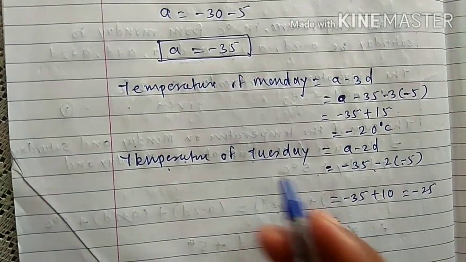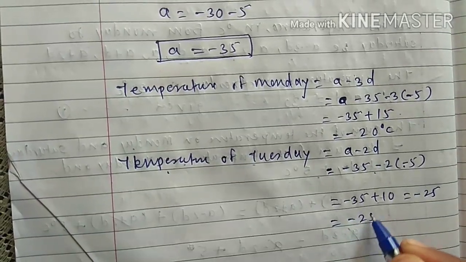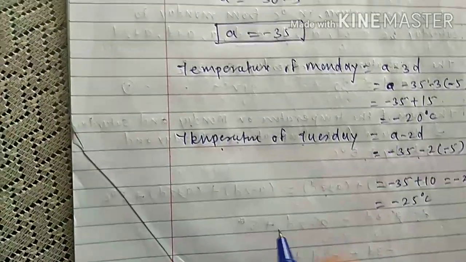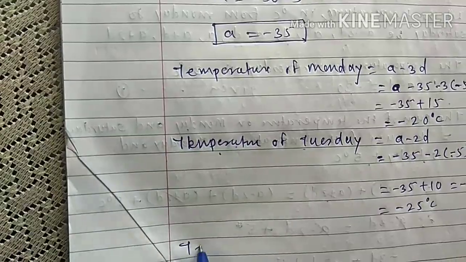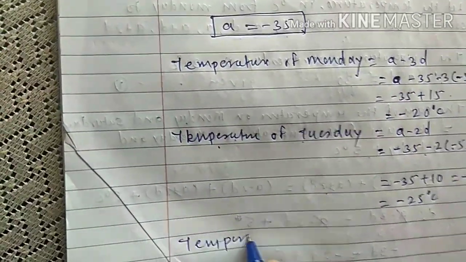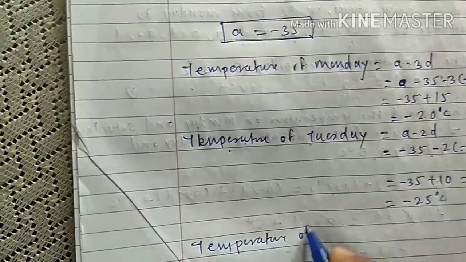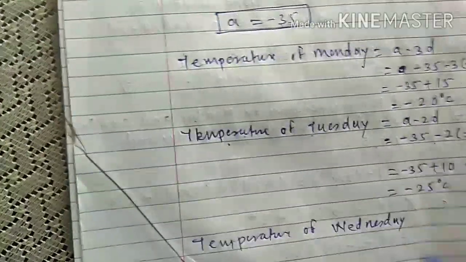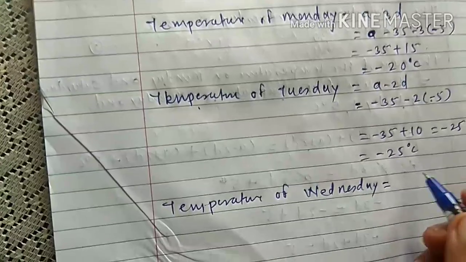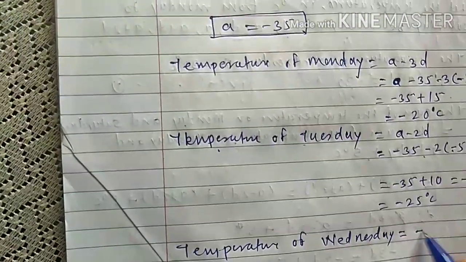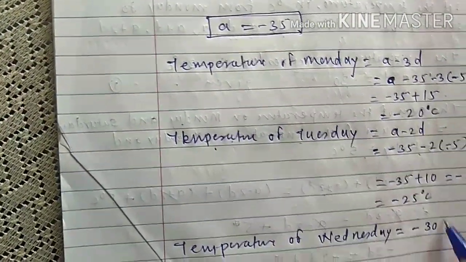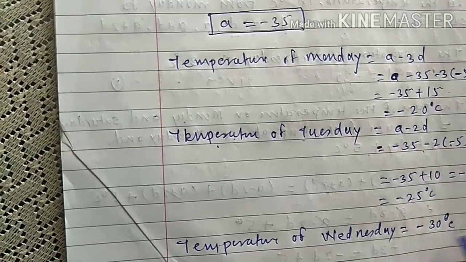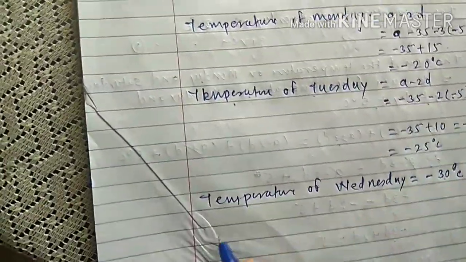So temperature of Tuesday is equal to minus 25 degree Celsius. Temperature of Wednesday is already given, and it is minus 30 degree Celsius.